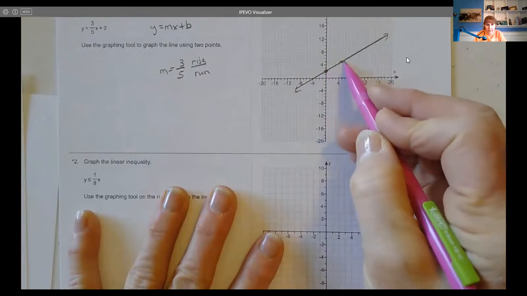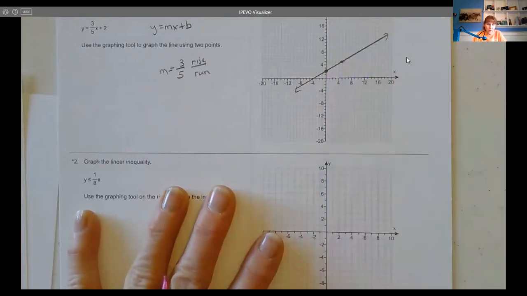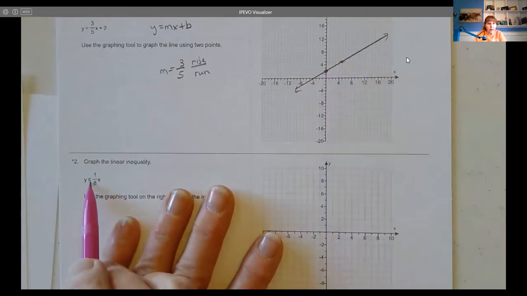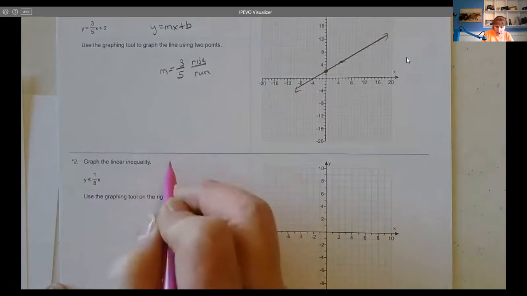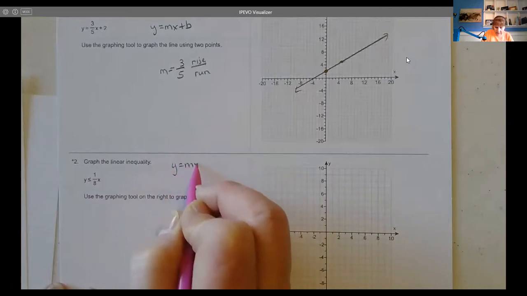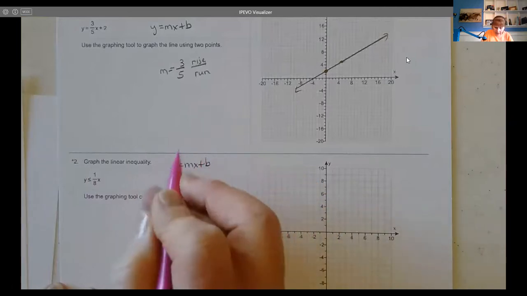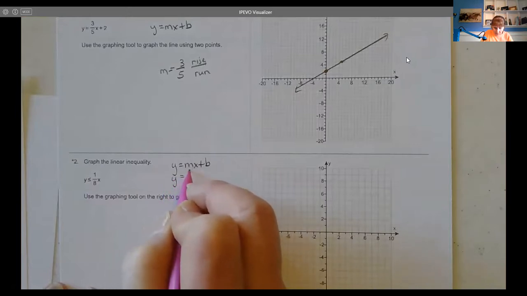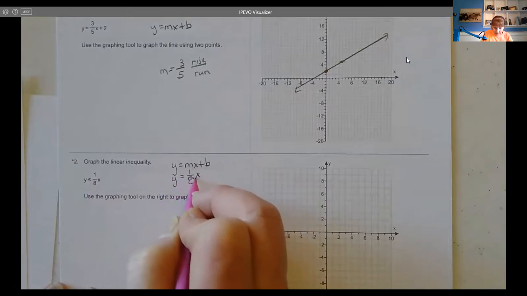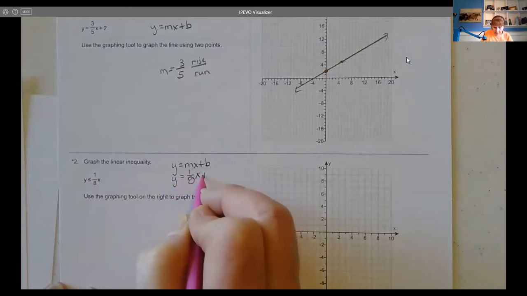For these 2 points, we're going to ignore the inequality symbol and just think of it as an equal sign. So we're going to plot our points as if it were y equals 1/8 x. We'll use y equals mx plus b, and we'll just keep it as an equal for right now. And the b is +0.